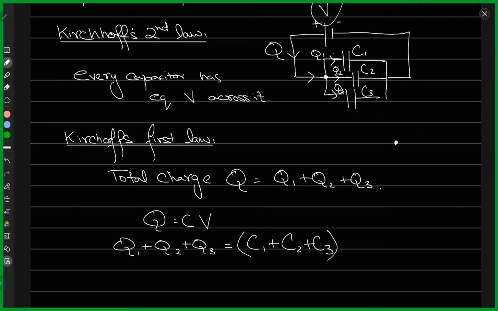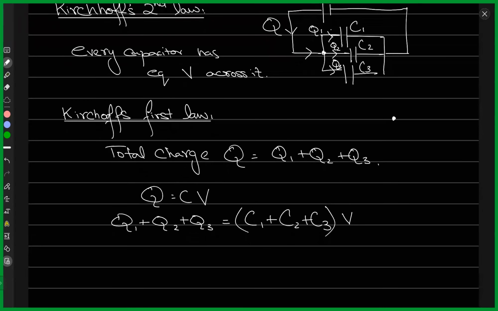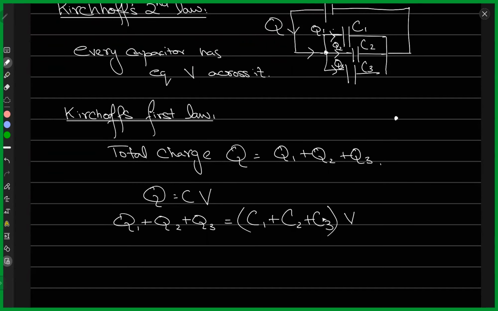And because the potential difference is the same across each capacitor, we'll just multiply this by that potential difference that was coming initially from the battery, right? And this gives me the total capacitance if I compare this equation with the first equation.